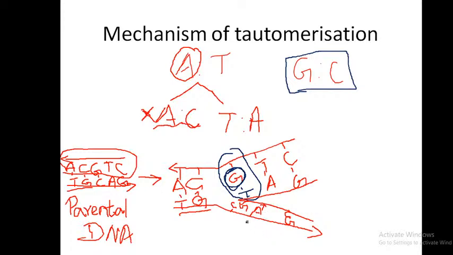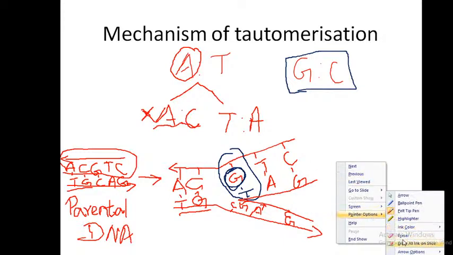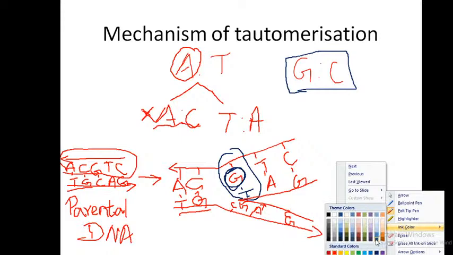This is the change that is happening in the DNA sequence after tautomerization, and we have seen here the change that has happened after tautomerization is this.